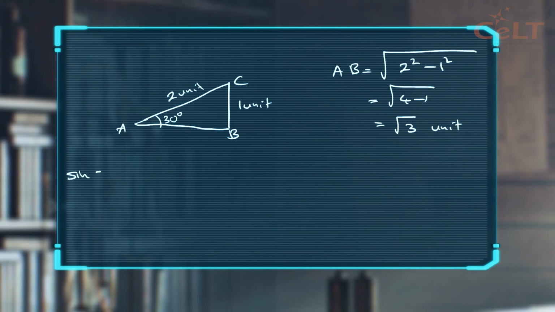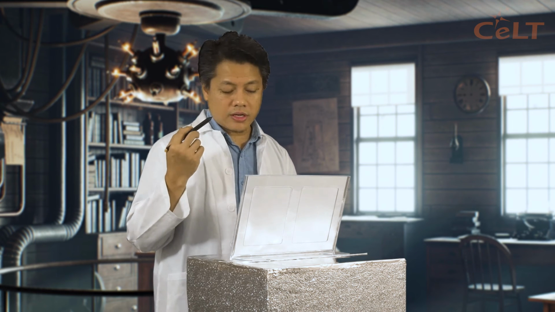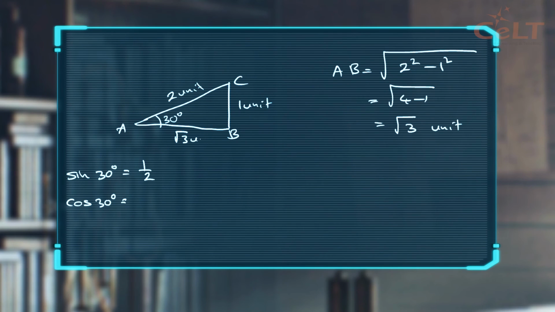As we have already discussed, sin 30 degrees is equal to 1/2. And cosine 30 is equal to adjacent over hypotenuse. We're going to use the length of adjacent as we figured out using the Pythagorean theorem. That is equal to square root of 3 over hypotenuse, which is 2. So cosine 30 degrees is square root of 3 over 2.